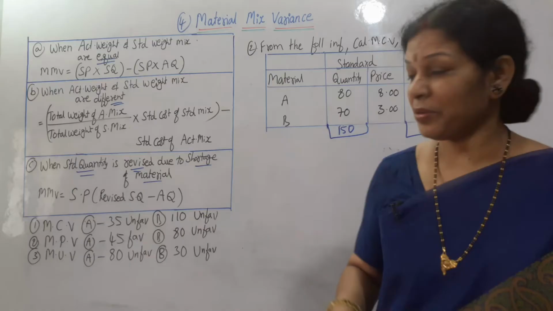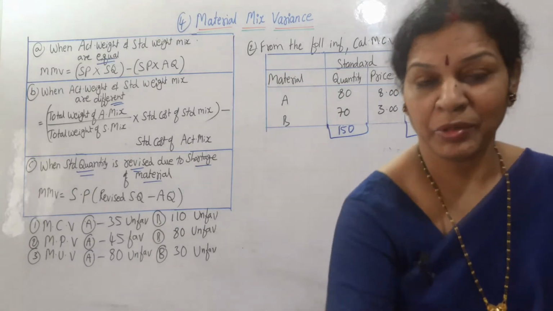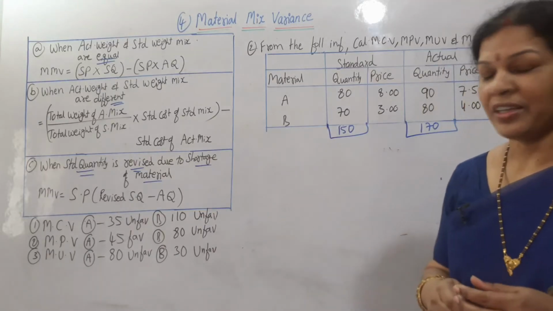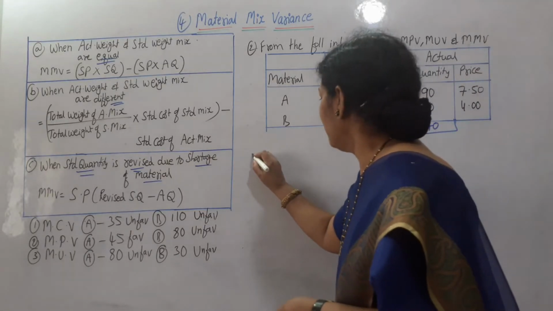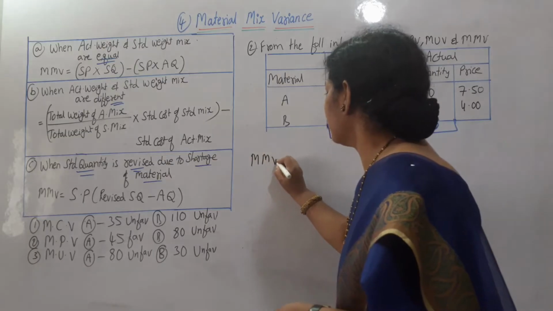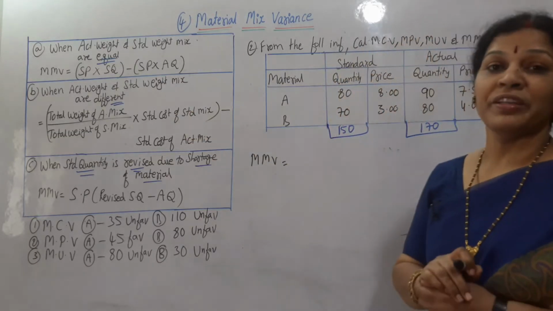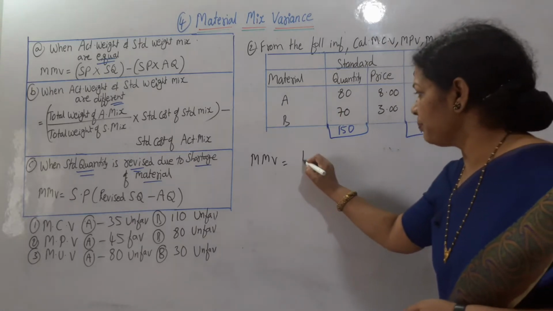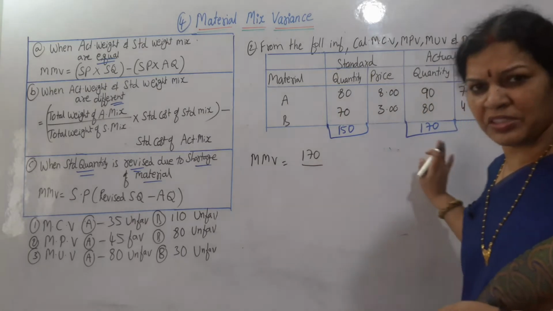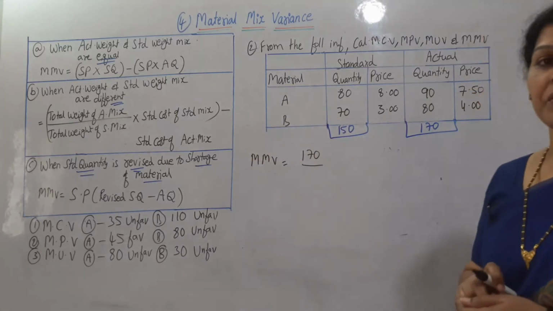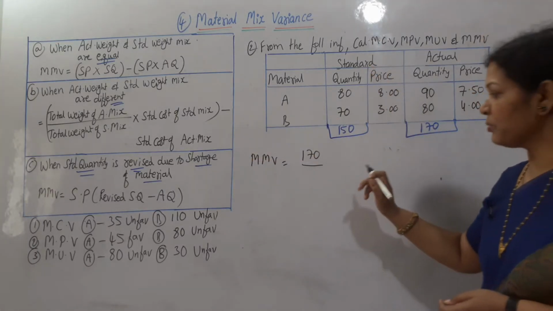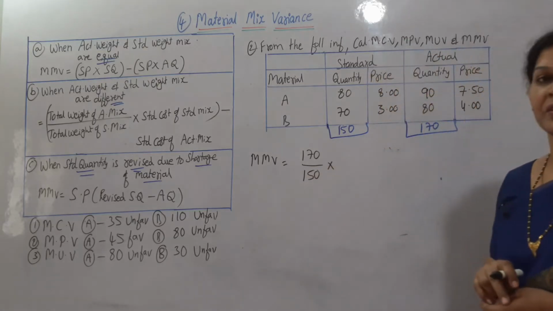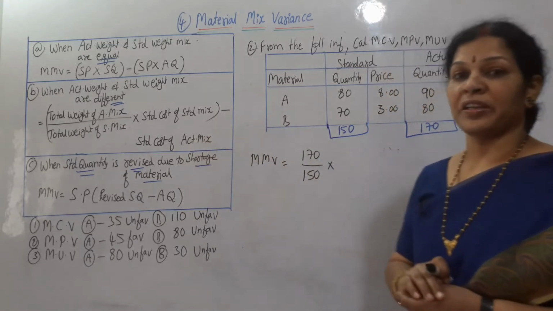You have to write the formula, then after that the calculations. Material mix variance is equal to total weight of actual mix, which is 170, divided by total weight of standard mix, which is 150, into standard cost of standard mix.